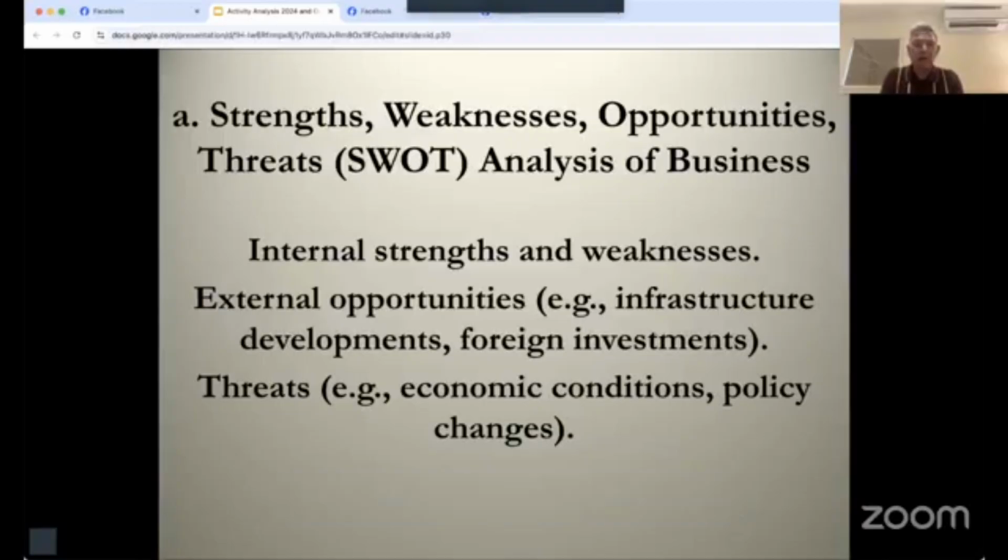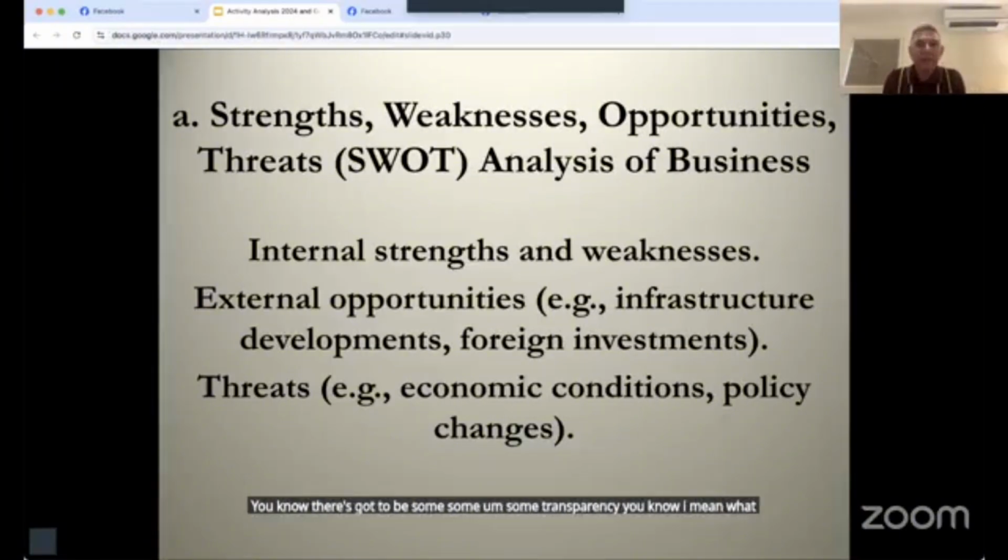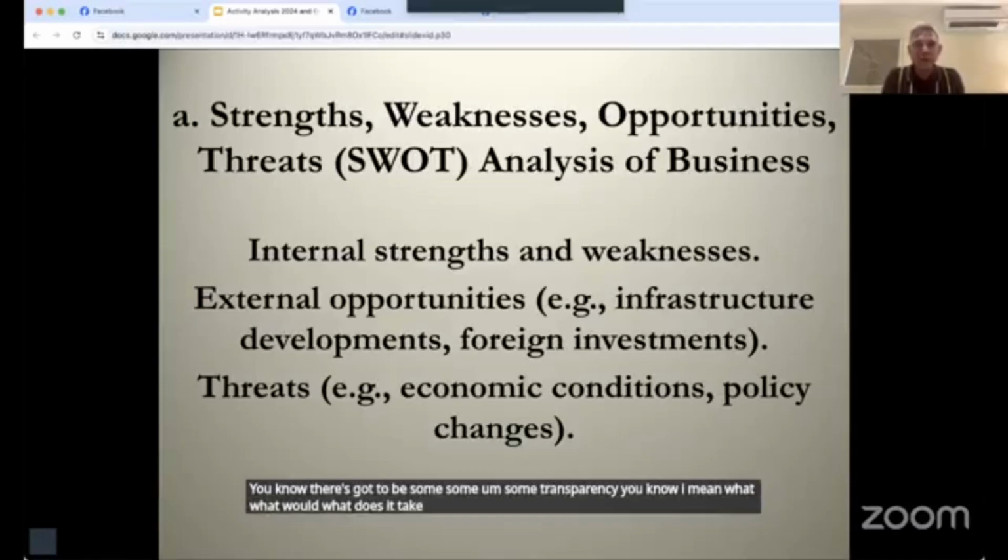Same thing with BIR. There's got to be some transparency. I mean, what does it take for these government agencies to put out a circular in the newspaper? Well, they do sometimes, but they should do it more often.